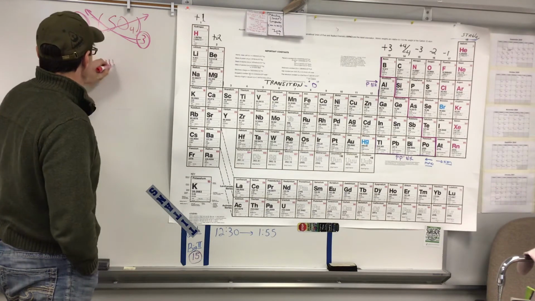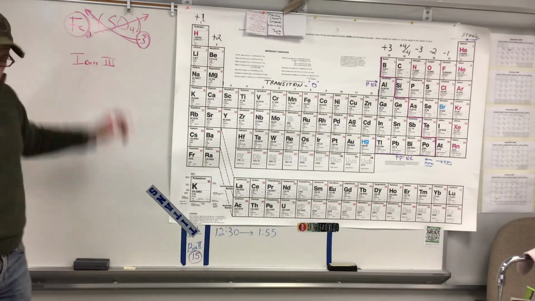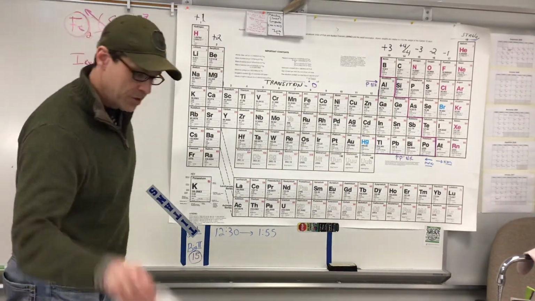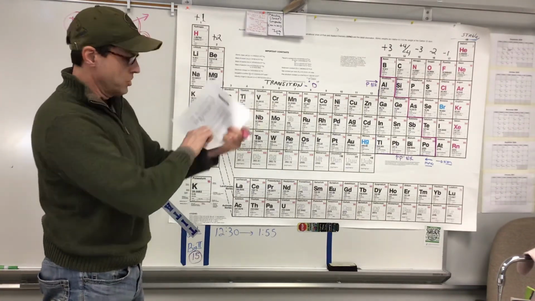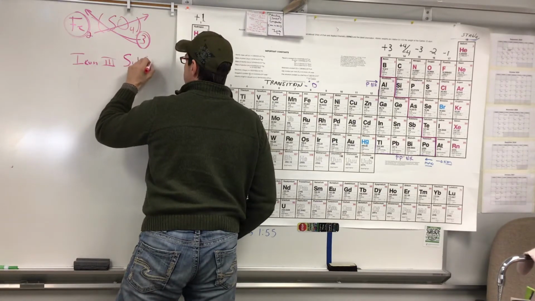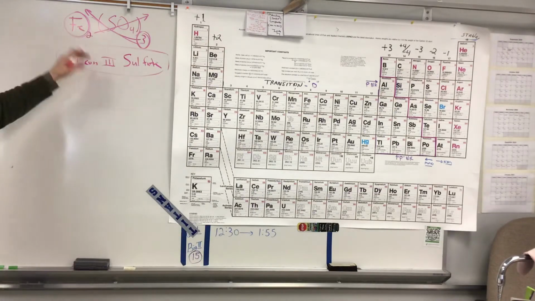Iron 3, 3 goes up there. And then we know SO4 from our predetermined polyatomic ions right here. SO4 is sulfate. Done. Iron 3 sulfate.